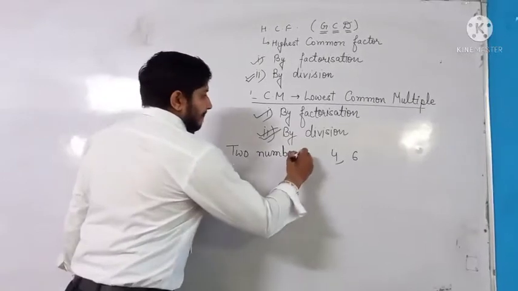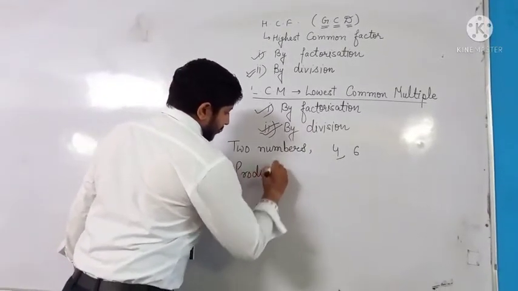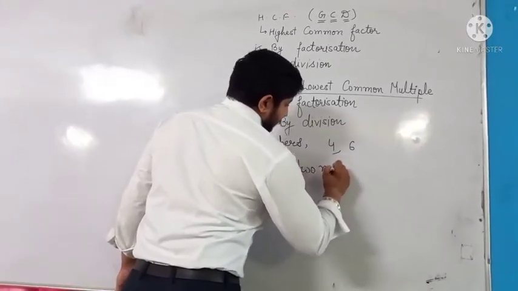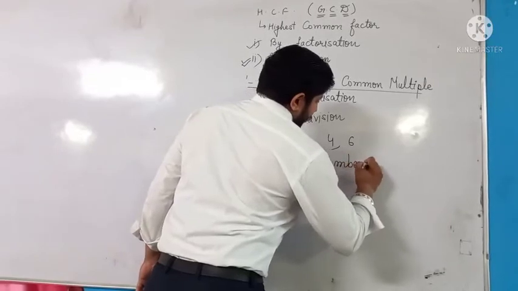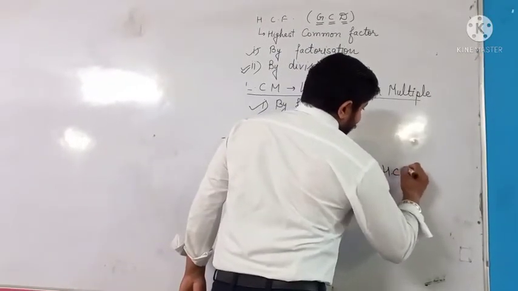The product of the two numbers is always equal to the product of their HCF and LCM.